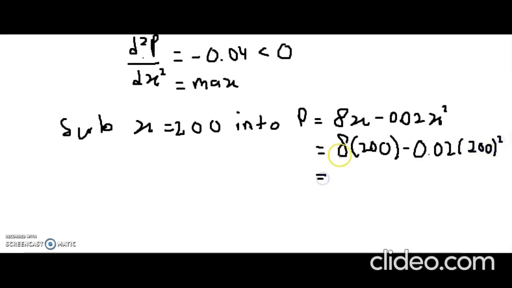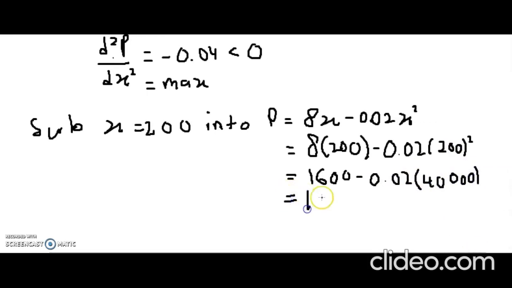So 8 multiplied with 200 equals 1600, and then 0.02 times 200 power of 2 is 40,000, and then 1600 minus this multiply is 800.